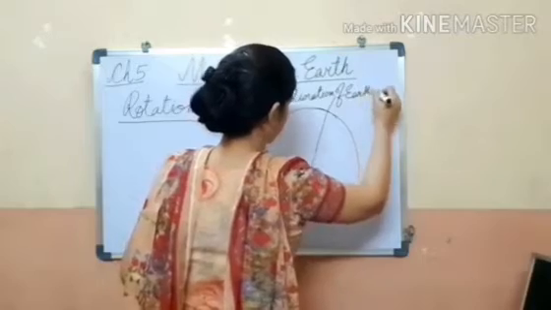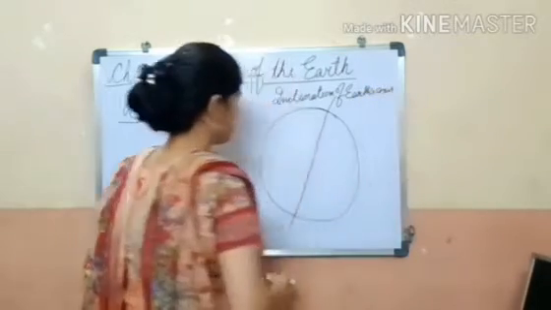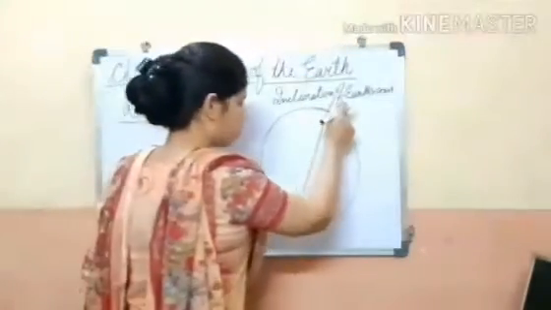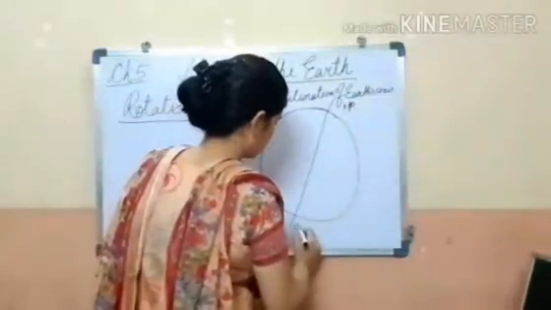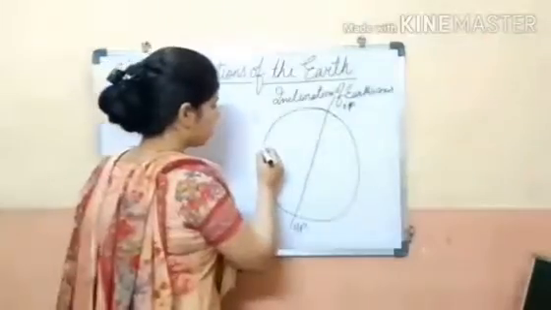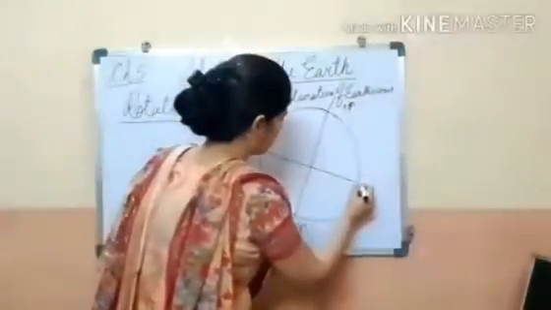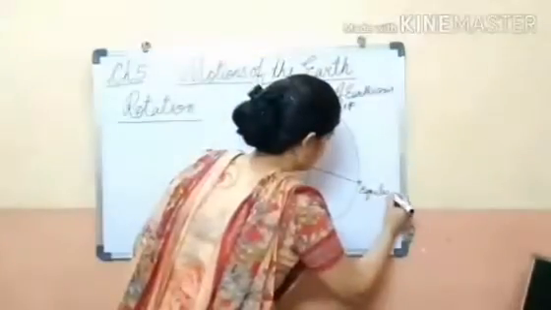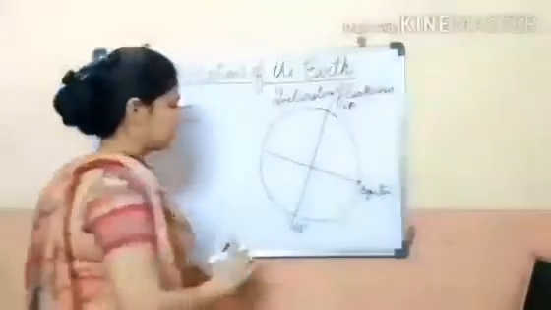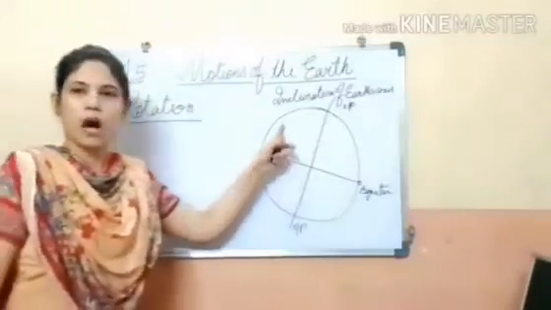Okay, this is the north pole and this is the south pole. This is the equator, 0 degree. This equator divides the earth into two halves.